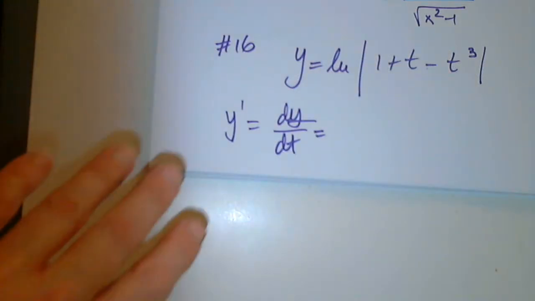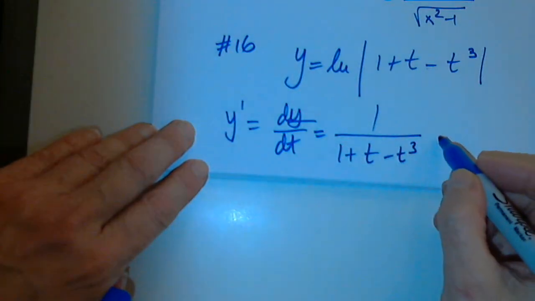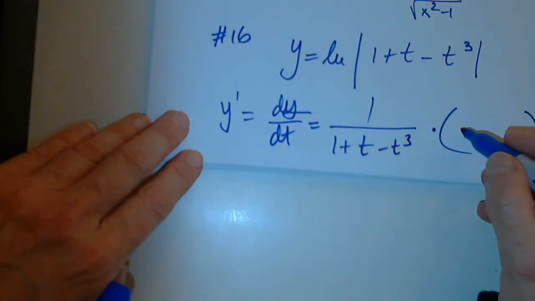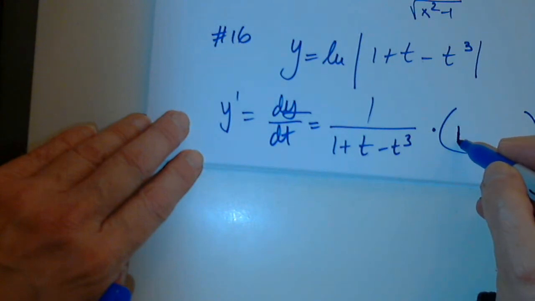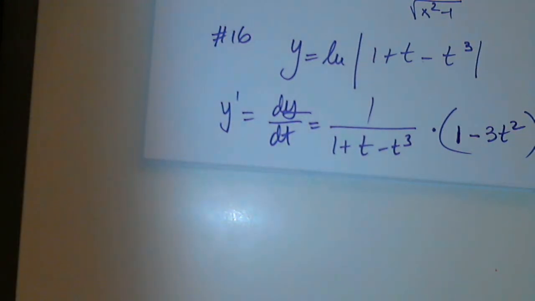So we have 1 over 1 plus t minus t cubed and times 3t squared, minus 3t squared. Good.